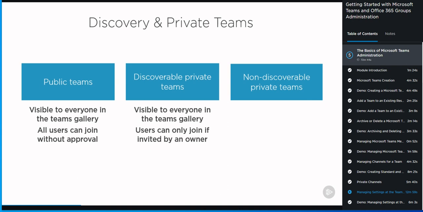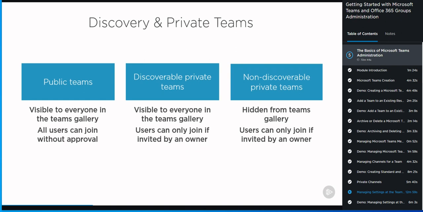Now let's go into other team settings. The first option we have is the team picture, which is always the same picture as the Office 365 group. If you change it here, you change it for the whole group. And we also have the team discovery again, which says whether users should be able to see this team in the search suggestions inside Microsoft Teams.